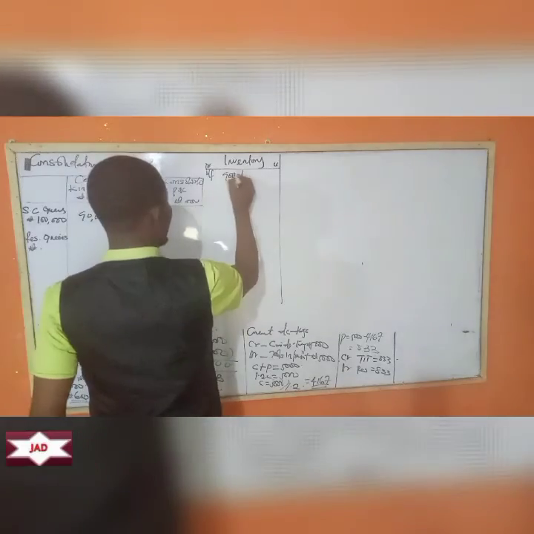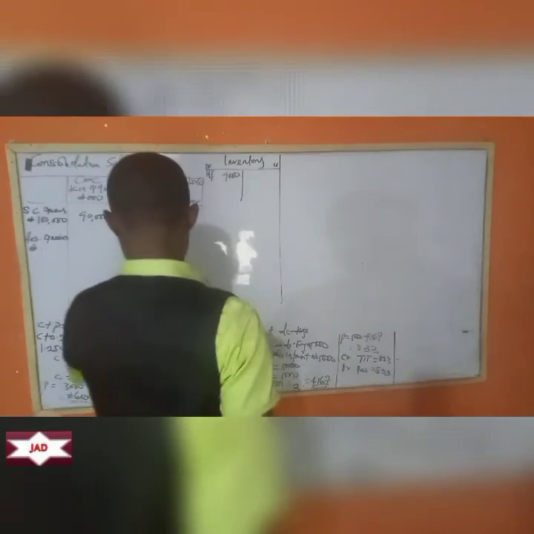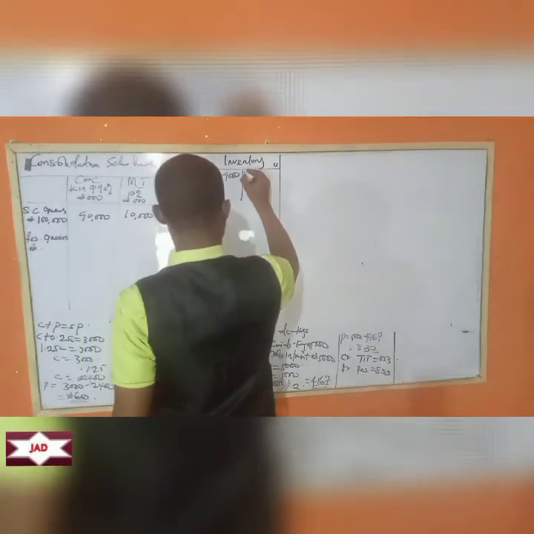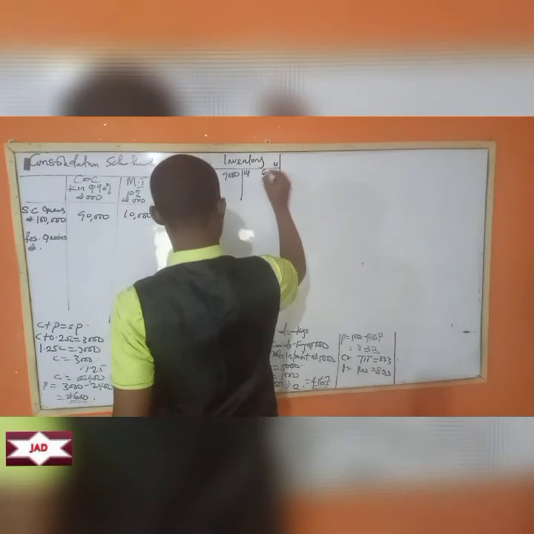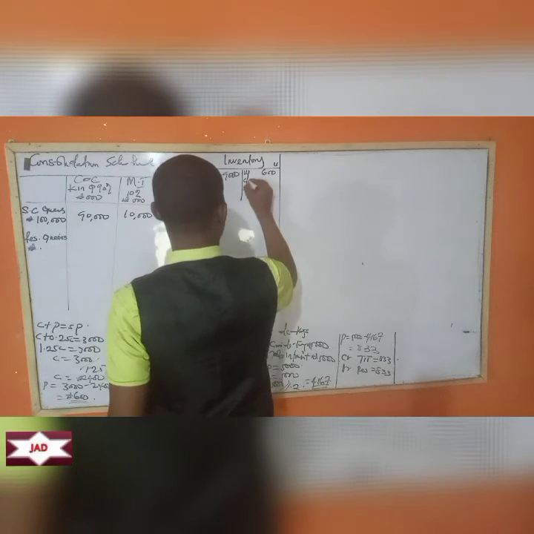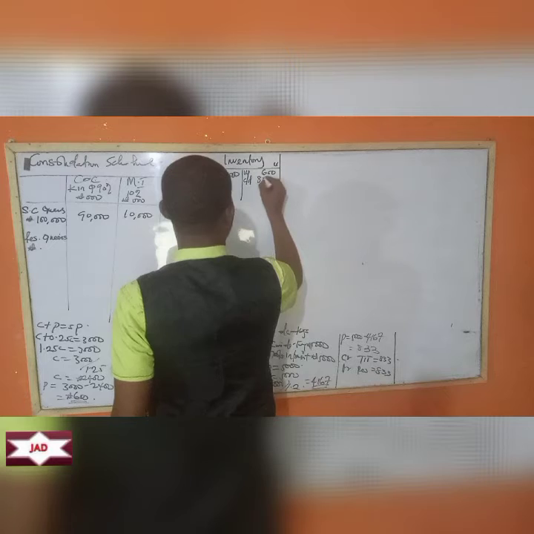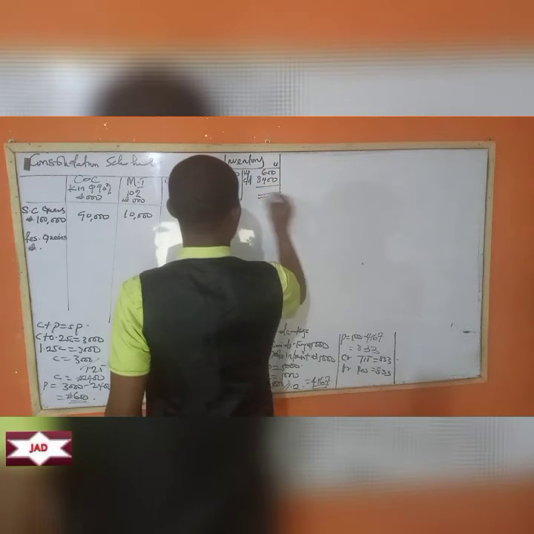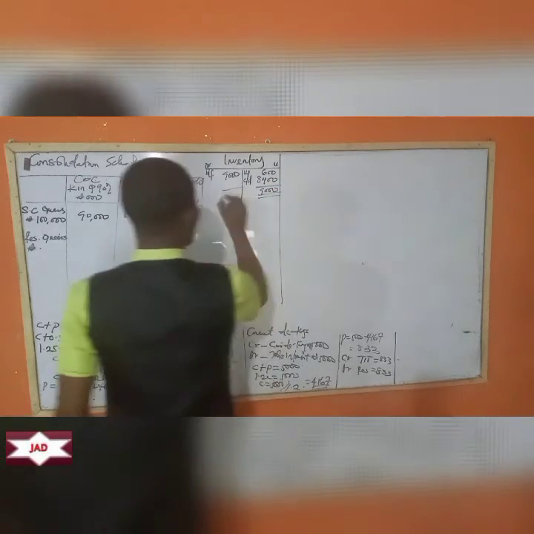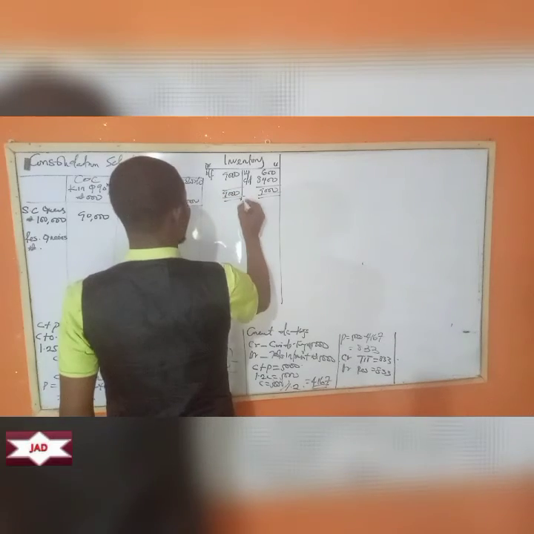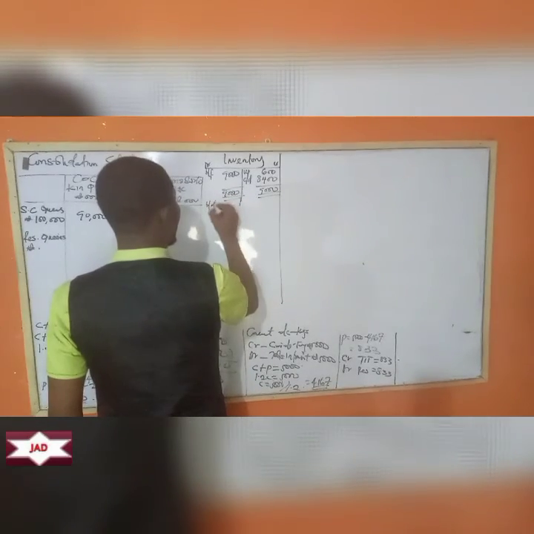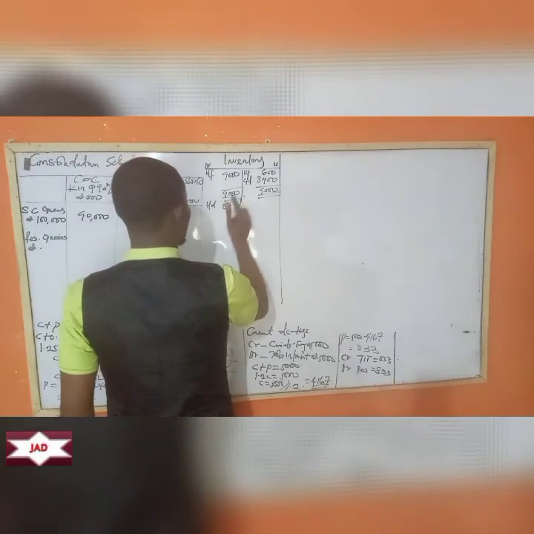We're crediting 600 here, unrealized profit 600. So the carry down is 8,400, a new balance of 8,400.